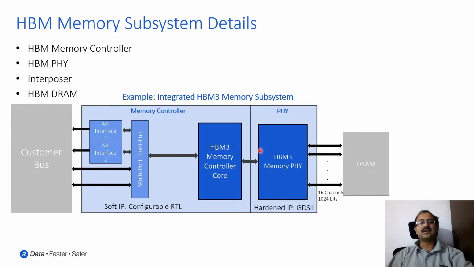The controller then connects to a PHY, and the PHY is the one which actually interacts with the DRAM through the interposer. Now the memory controller and the AXI buses which connect to it are all soft IPs and are configurable. The PHY is usually a hardened IP and is provided in the GDS2 format. So overall the entire integration and the subsystem is going to look like this.